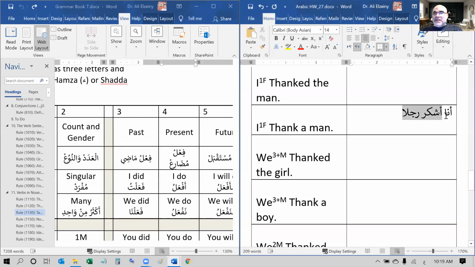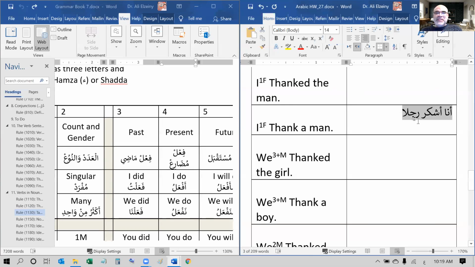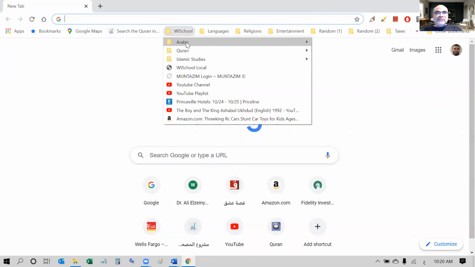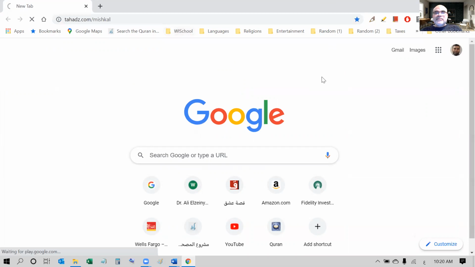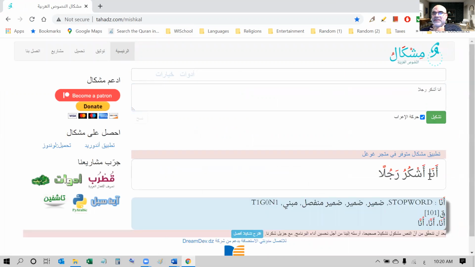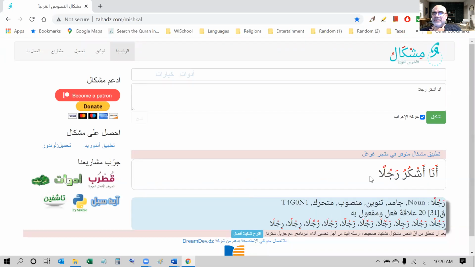Okay, let's see how to do tashkil for this. And instead of doing it yourself, you can resort to al-mishkal. And put it all together. تشكيل. أنا أشكر رجلا. أنا أشكر رجلا.